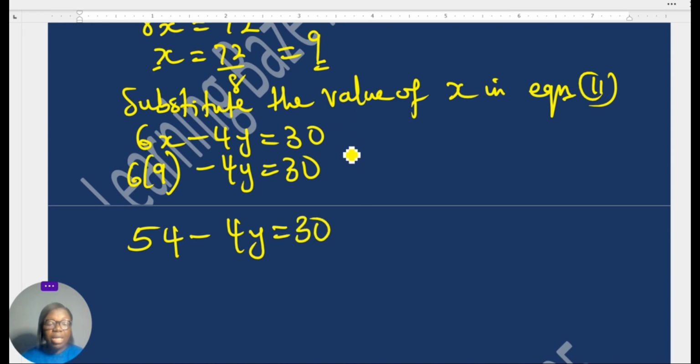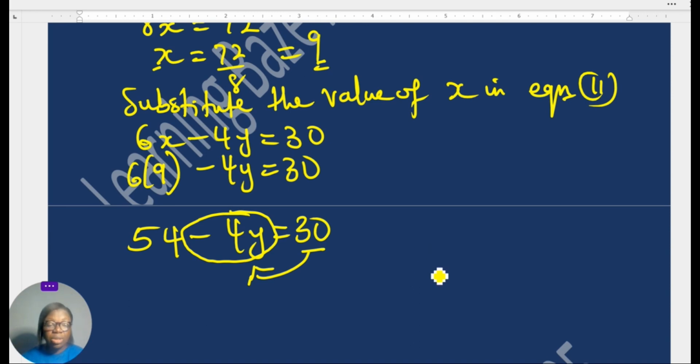Right now we need to collect like terms. It will be easier for 30 to come to the left while we take 4y to the right. Because whenever you're trying to make a variable the subject of the formula, try as much as possible to make it positive. I want to make minus 4y positive, that's why I'm moving it to the right side.